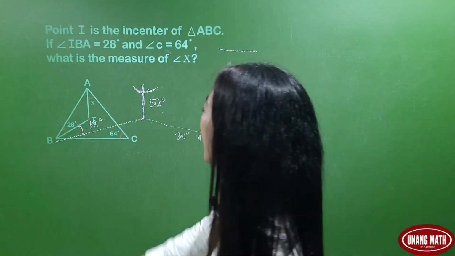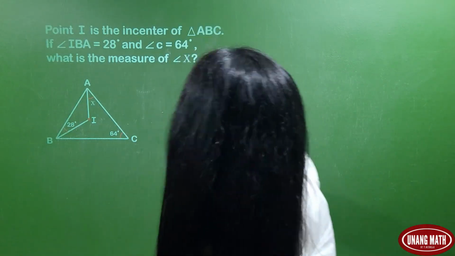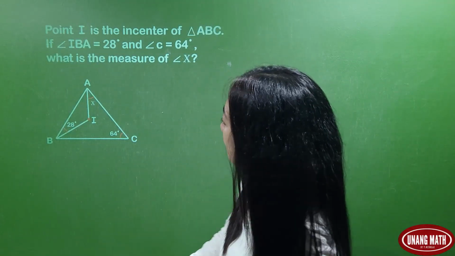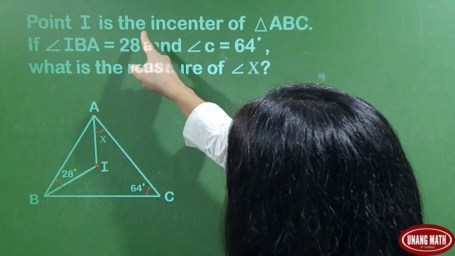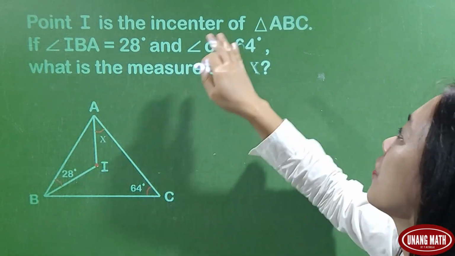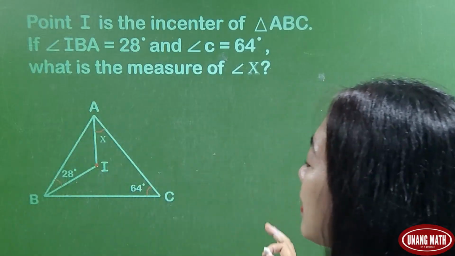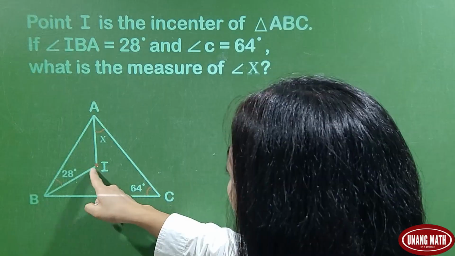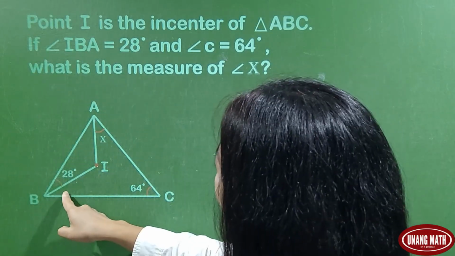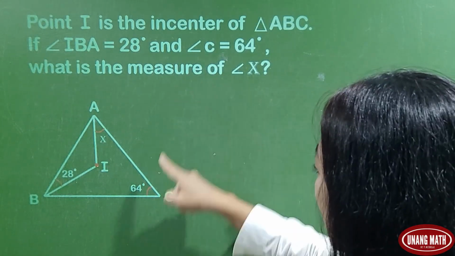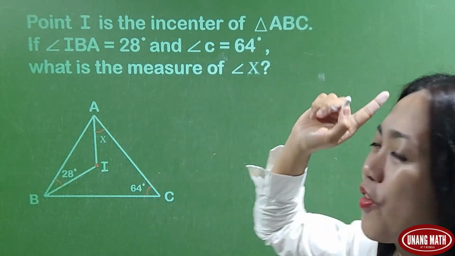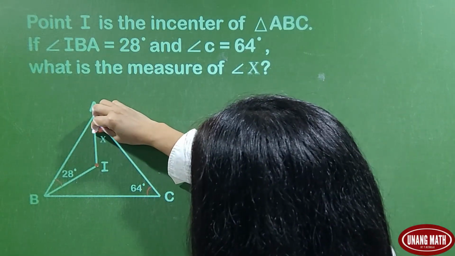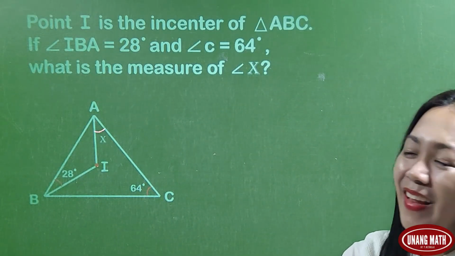Okay, this time, let's answer this simple problem. According to this one, point I is the incenter of triangle ABC. If angle IBA is 28 degrees, and angle C, this angle, is 64 degrees, what is the measure of angle X, or this angle?